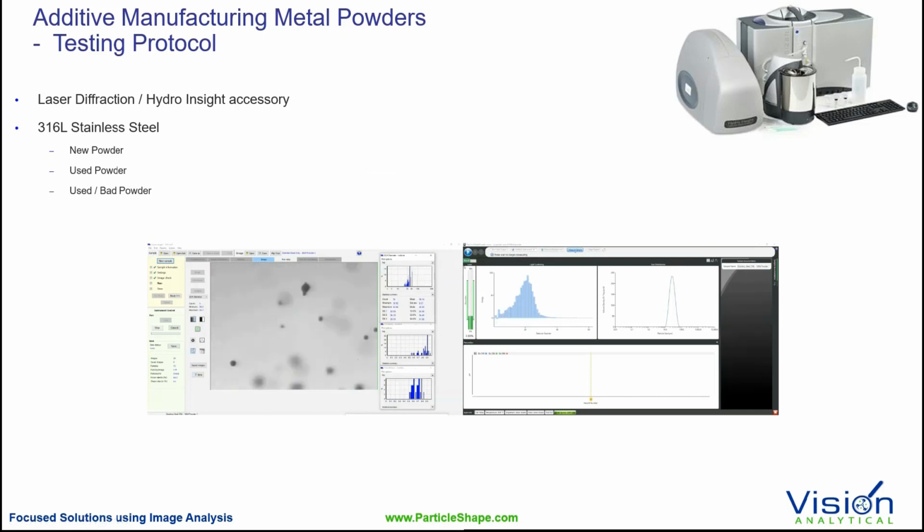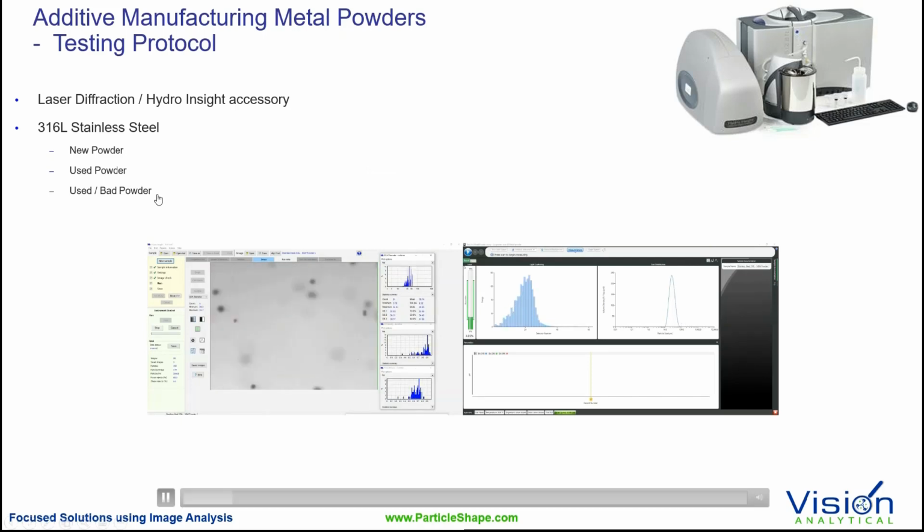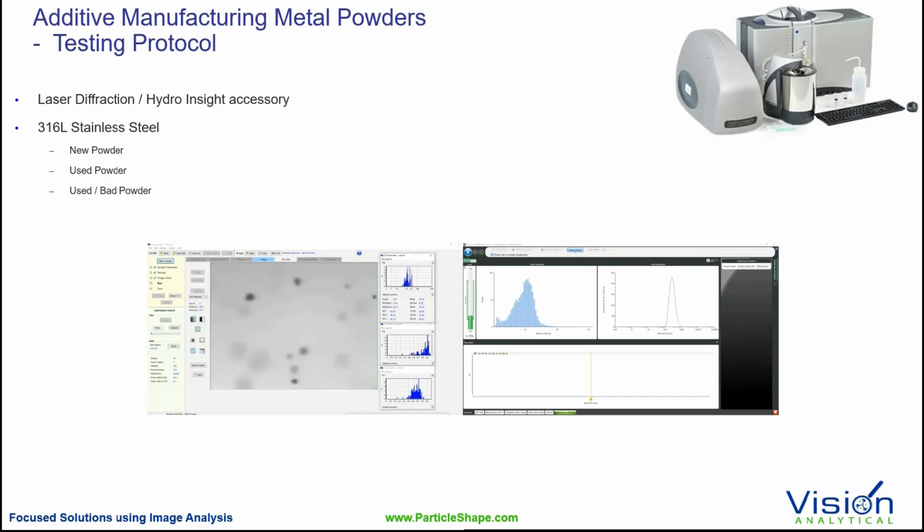So talking about how we're going to be working with these samples, just to give you an idea of the testing protocol we're going to be using today, we're going to be using a Mastersizer 3000 from Malvern Panalytical, and connected to it is an accessory called the Hydro Insight. The Hydro Insight is a dynamic image analyzer made by Vision Analytical, and it's an accessory.